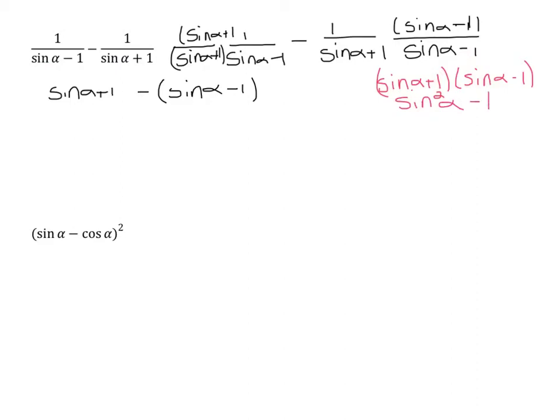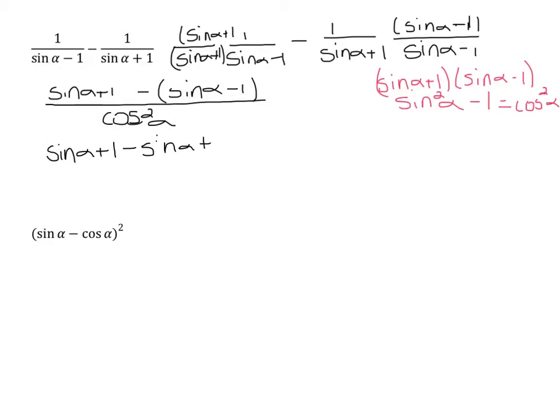Now, from our Pythagorean identities, we should know that all of this is equal to the cosine squared of alpha. Actually, that's negative cosine squared, but the sign aside, my denominator in all of this is cosine squared of alpha. Now I'll distribute this negative, and I end up with sine of alpha plus 1 minus sine of alpha plus 1.